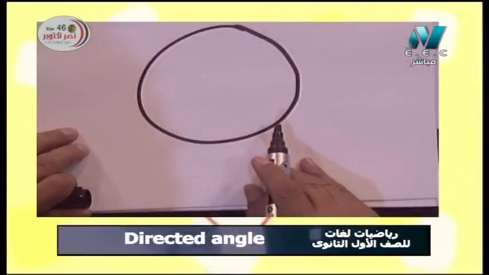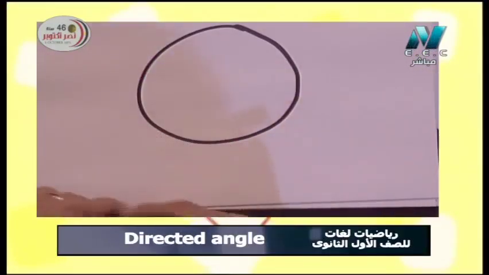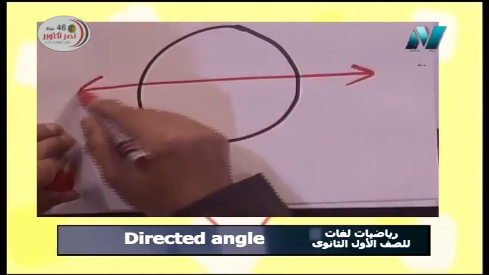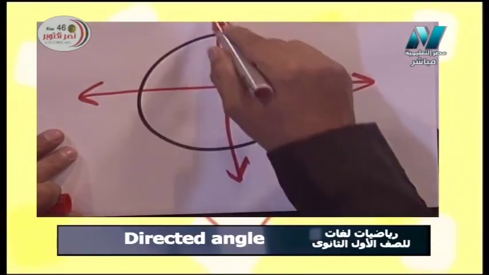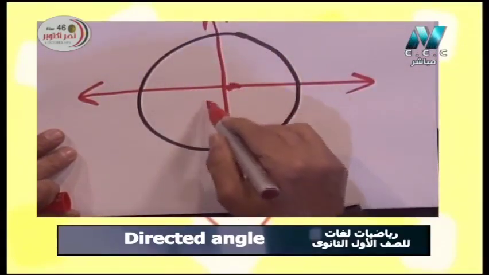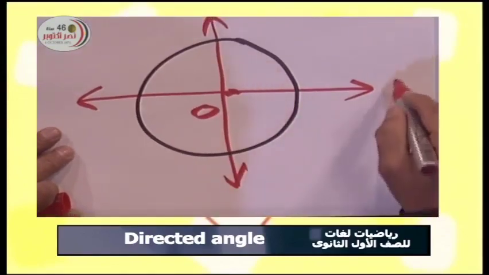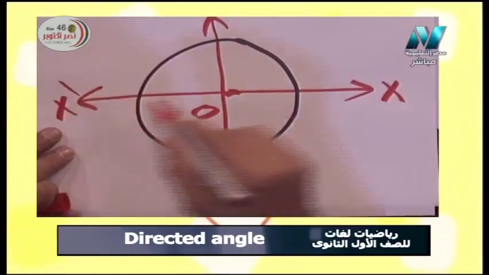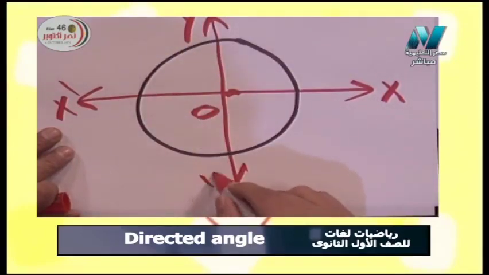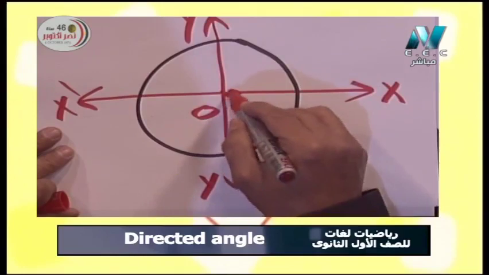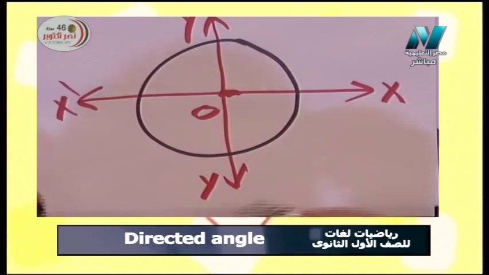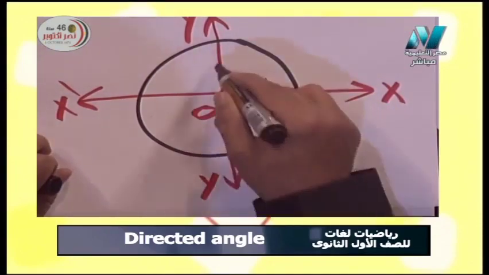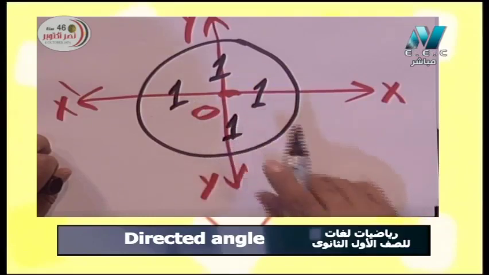If we have a circle and we have the x-axis here and the y-axis, this is the origin point O, x-axis, x dash, y and y dash. Okay, this is the origin point. If the length of the radius of this circle equals 1 unit, this is equal 1, 1, 1.